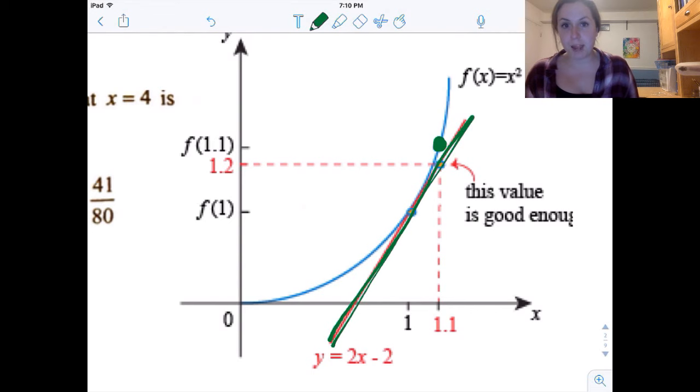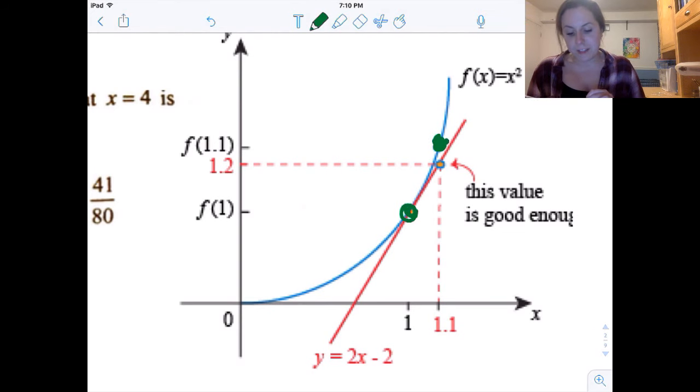So if I know the tangent at 1 is this, and I want to know the value at 1.1, whatever the tangent line equals at 1.1 should be a pretty good estimate of what the function equals. So what we wind up doing is finding the equation of the tangent line and then plugging in my x value because it should be a good approximation.